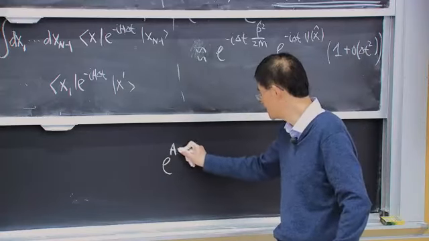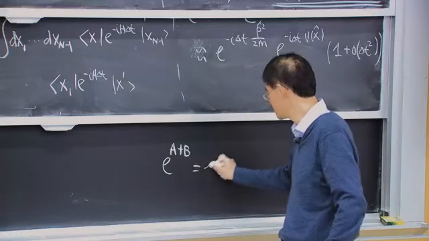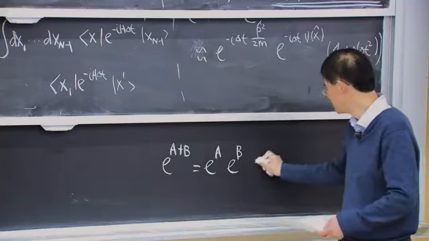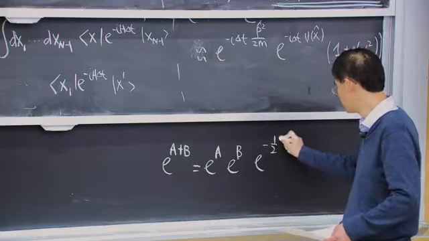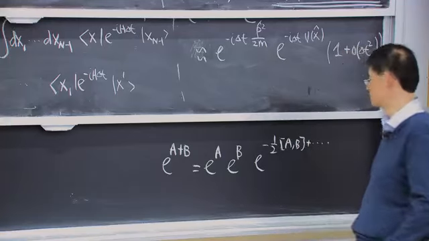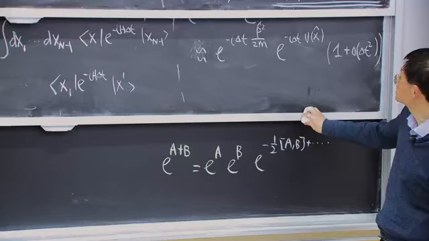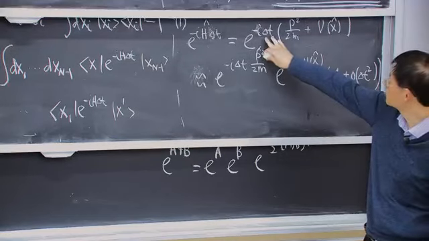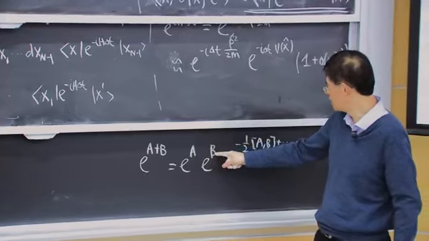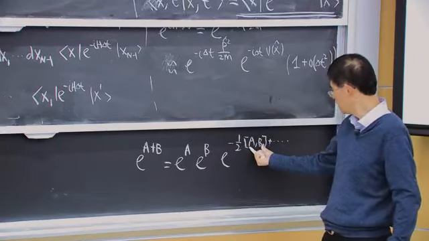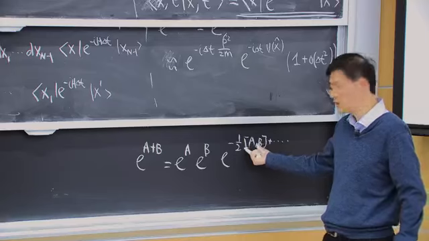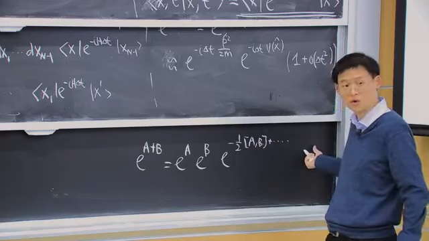Exponential of a plus b is equal to exponential of a, exponential of b, and then exponential of minus half the commutator of a and b, plus more commutators. Each of a and b is proportional to delta t, and the commutator involves at least the product of a and b, so it is all higher order, delta t squared.